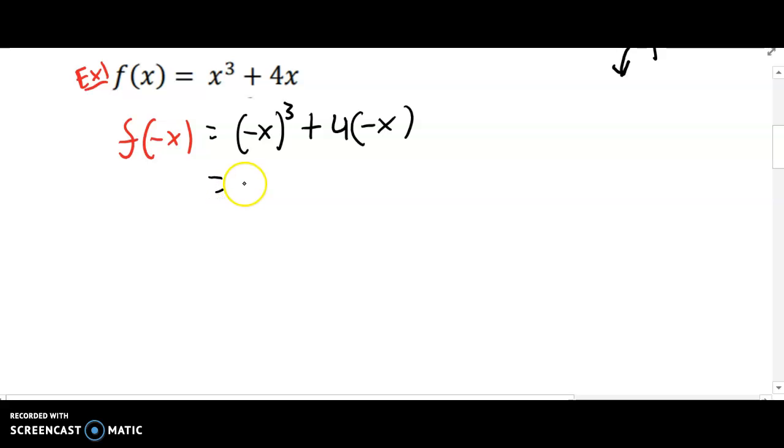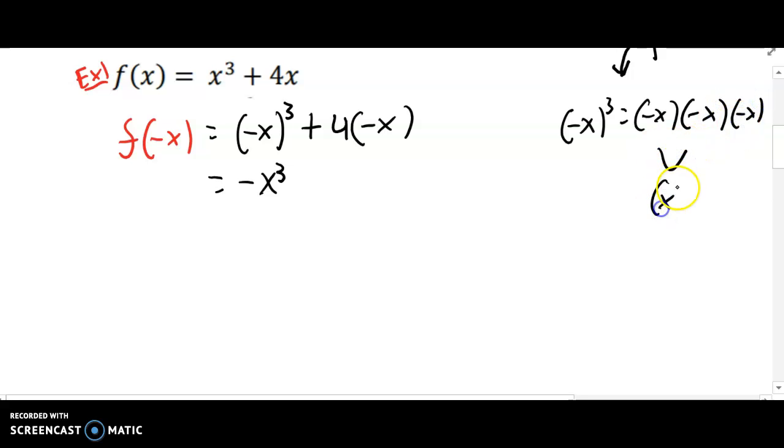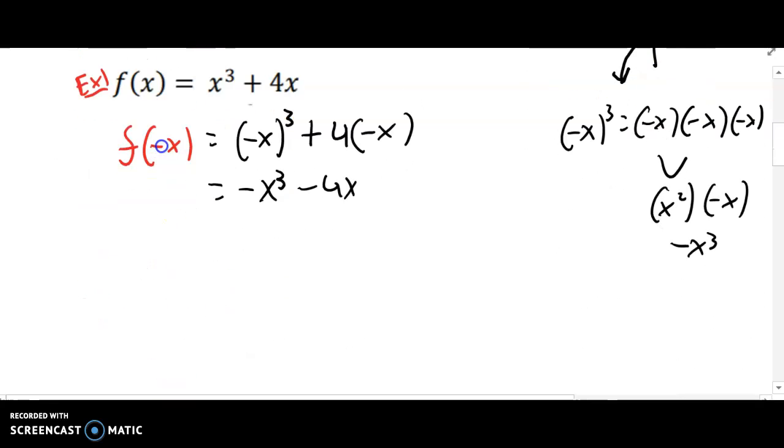Negative x cubed is negative x cubed. Let me break that out for us. These two will give x squared, and now we have negative x cubed. Okay, and then 4 times negative x is negative 4x. Okay, I can see clearly this is not the same as just f of x.